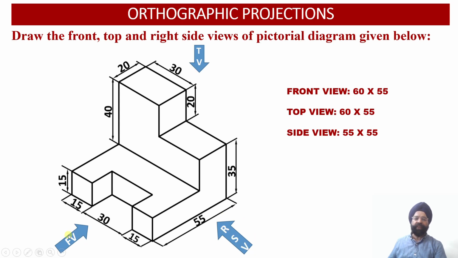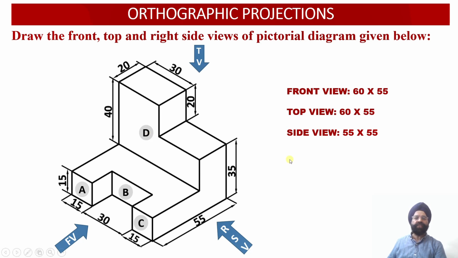Whenever we look at the solid in the front view, we see that there are four surfaces visible to us: surface A, surface B, surface C and surface D. All these four surfaces are parallel to the vertical plane, and the true shapes of all these four surfaces will be obtained on the vertical plane in the front view projection.